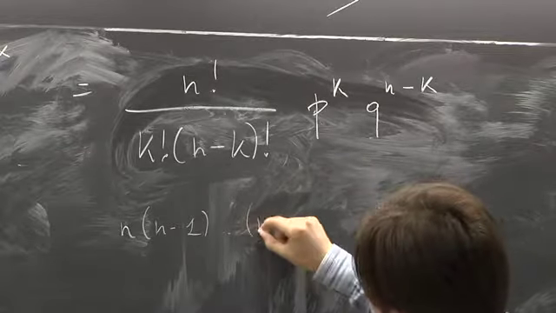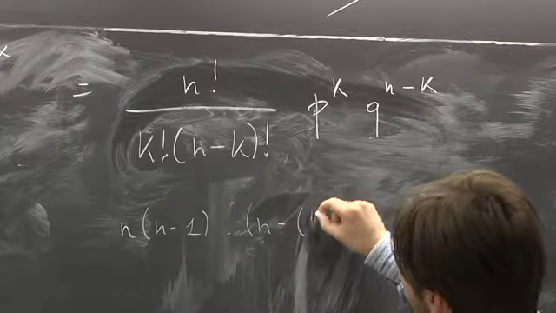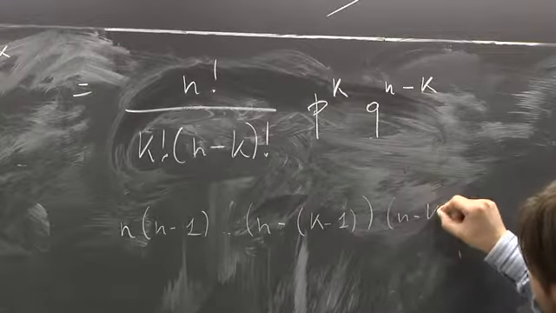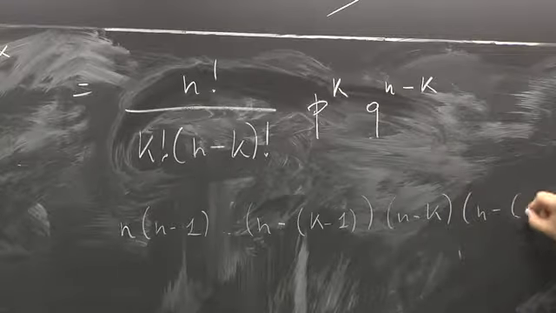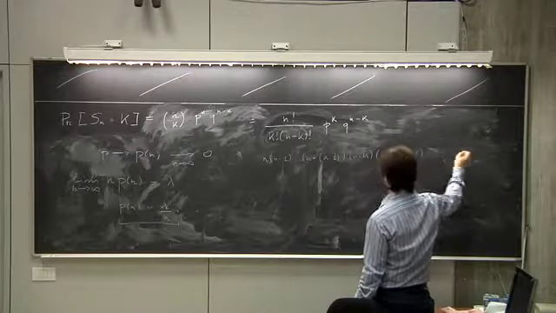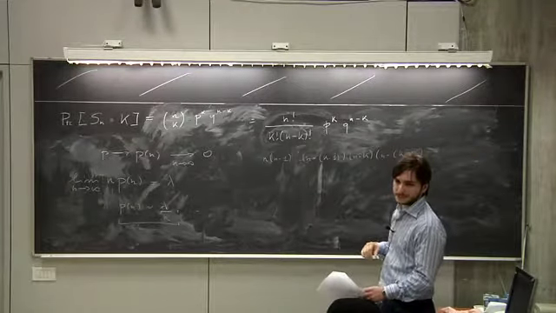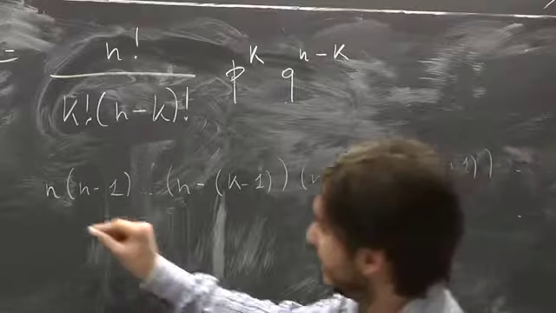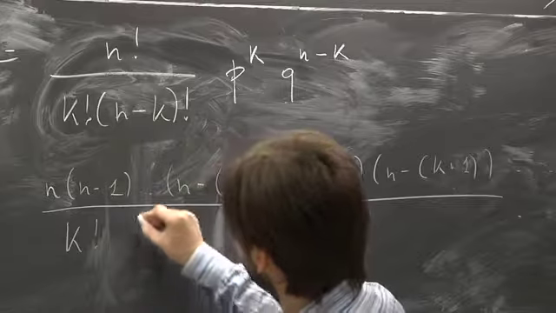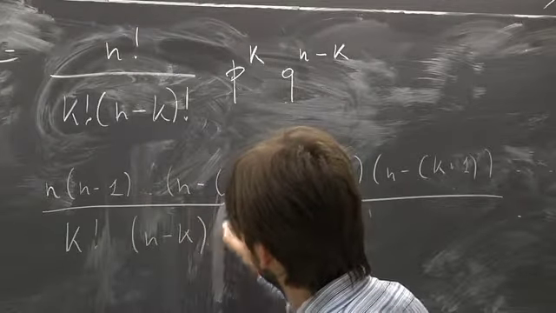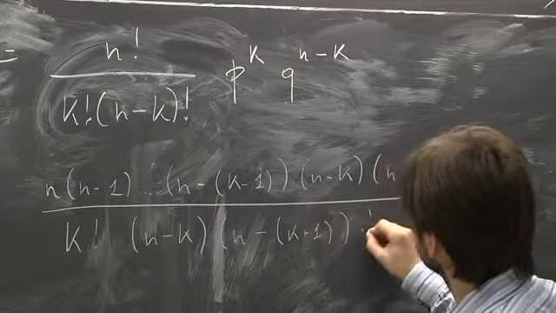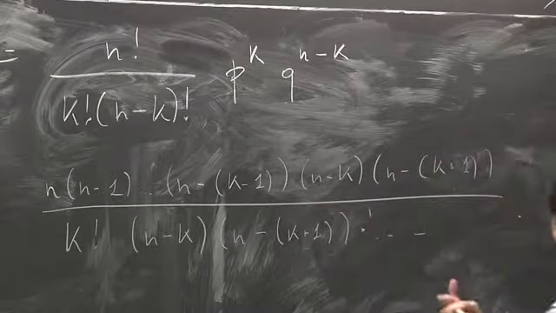Then at some point you have n minus k plus 1, then n minus k, then n minus k minus 1, and so on, up to 1. And here you have k factorial, then you have n minus k, n minus k minus 1, and so on up to 1.